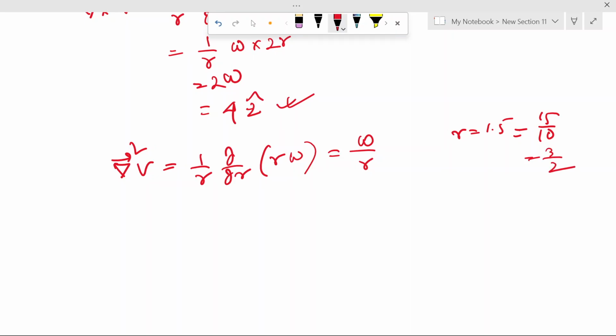So 2 by 3 by 2, it is basically 4 by 3 at R equal to 1.5. So it is the correct answer.